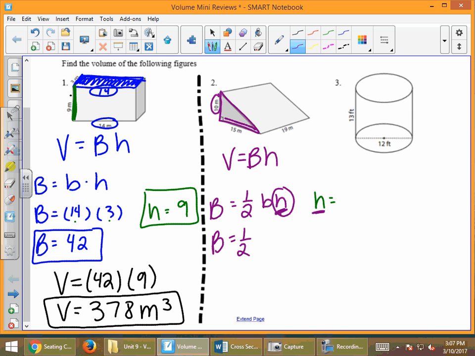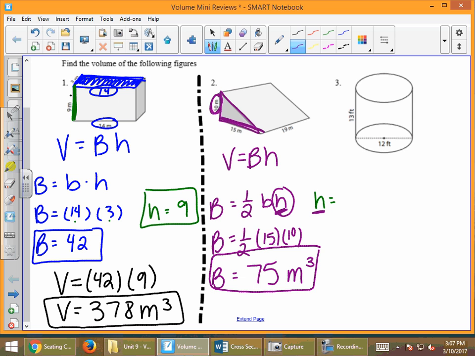So the base of our base, the bottom of that triangle, is 15. And we already circled it. The height of our base is 10. And again, all you have to do is just plug that into your calculator. And we get 75. Make sure you label, in this case it's meters cubed, because we are dealing with volume.